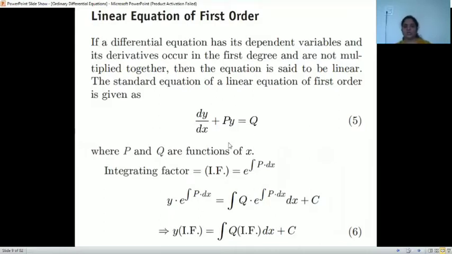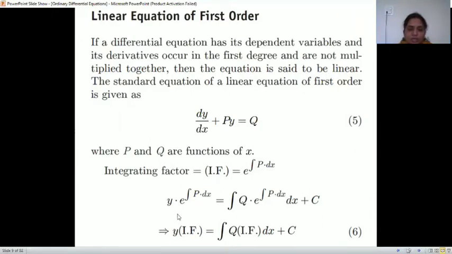And how to solve the linear equation is we have to find the integrating factor. So the integrating factor in this case is e raised to integration of p dx. We have to integrate with respect to the independent variable x. So e to the power integration p dx, this is the integrating factor, and multiply this integrating factor to your equation.